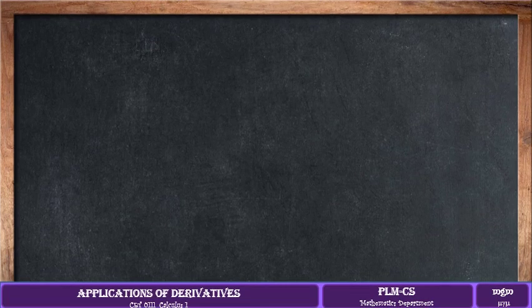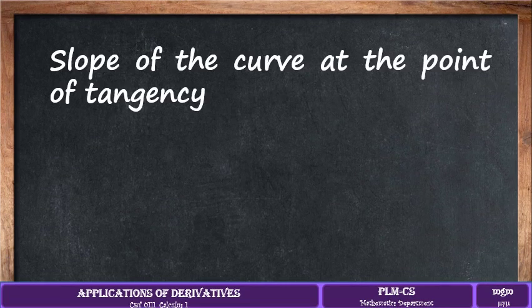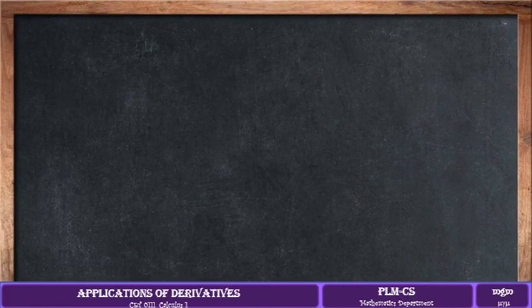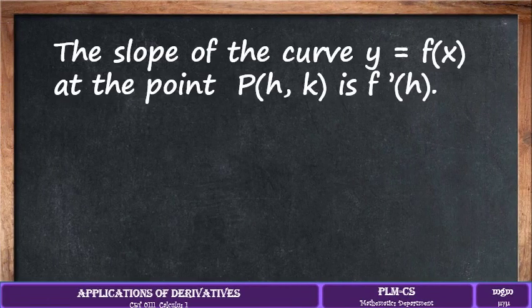In the last video, we learned that the slope of a curve at the point of tangency is defined by the slope of the tangent line to the curve. Recall that by definition, the slope of the curve y equals f of x at the point P(h, k) is f prime of h.